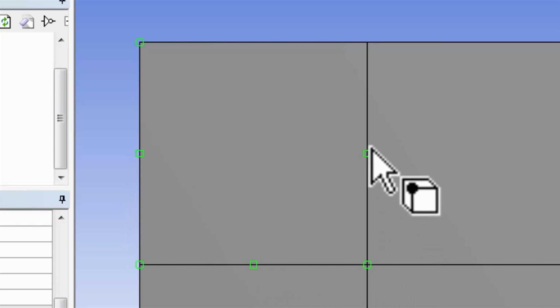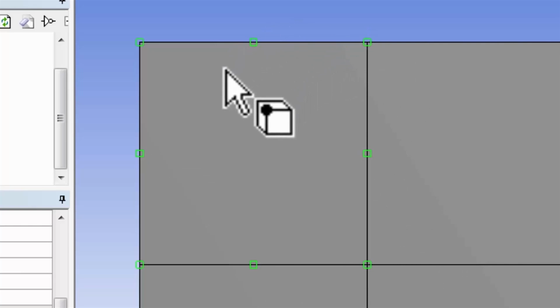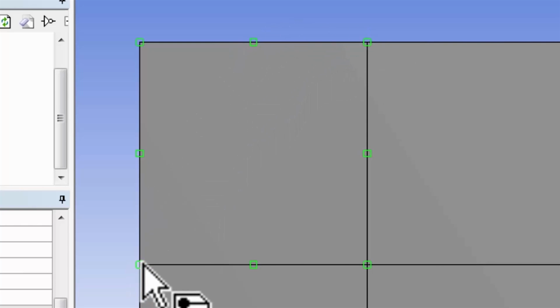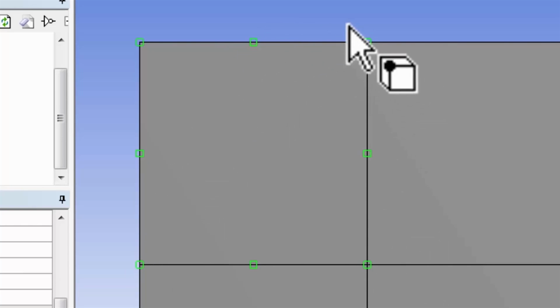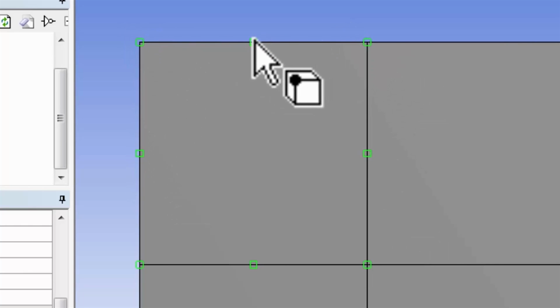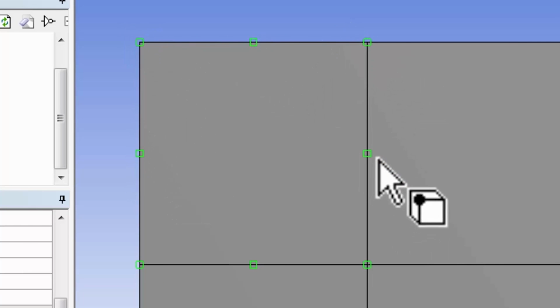Okay, so the corners and the midsides. So you see that it's going to calculate the temperature at the corners, but it's also going to calculate the temperature at the midsides.